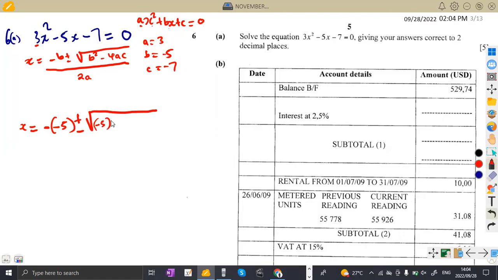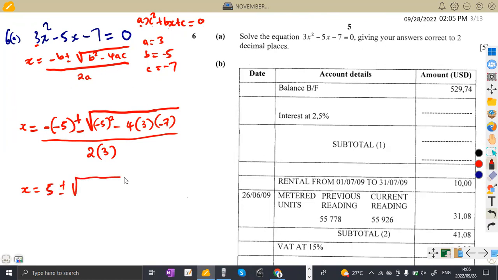So it's going to be -5 squared minus 4 times a. Our a is 3 times c. Our c is -7. Okay, everything over 2a. So it's 2 times a, of which our a is 3. All right, so from this part, we can simplify minus and minus, that's a plus. So it's going to be 5 plus or minus the square root of.